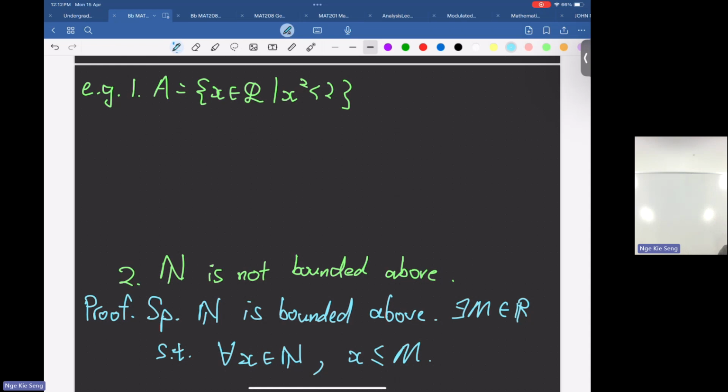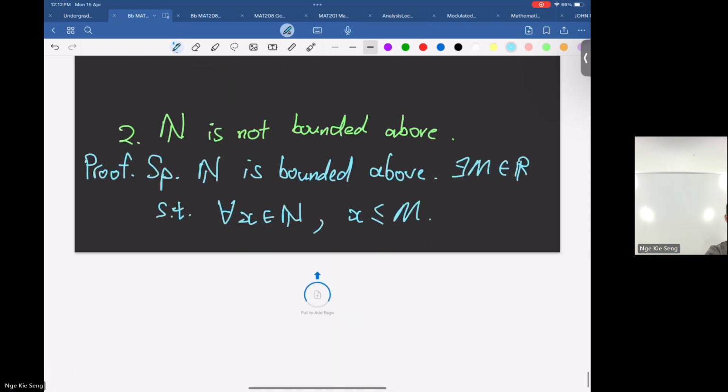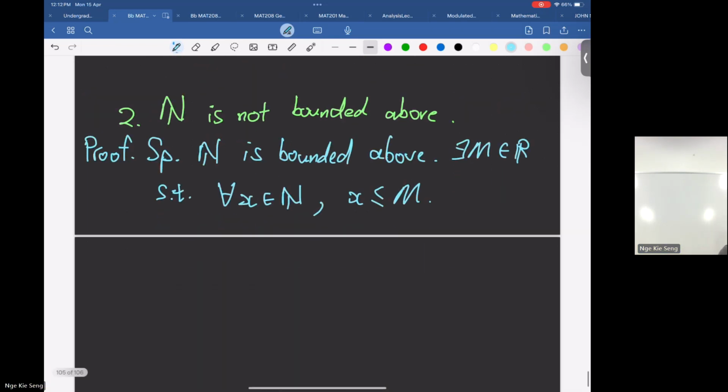How do I produce a contradiction here? Contradiction means they must have some x which is greater than m.